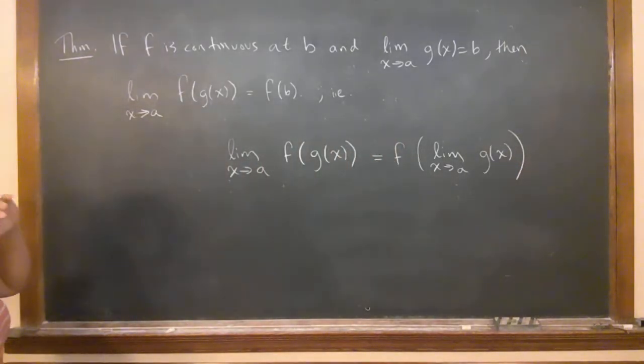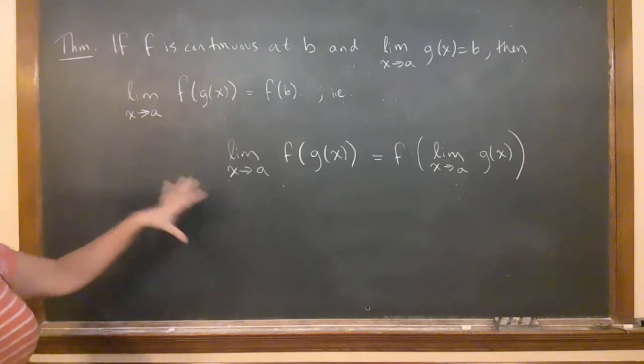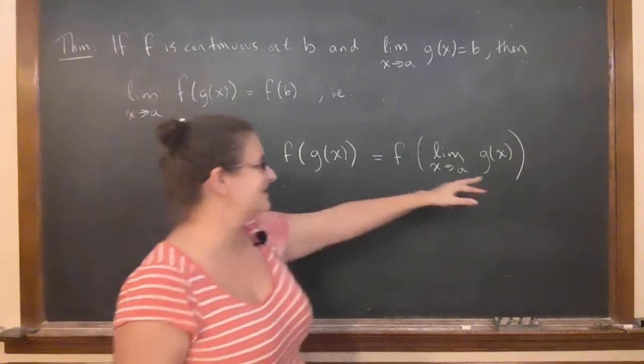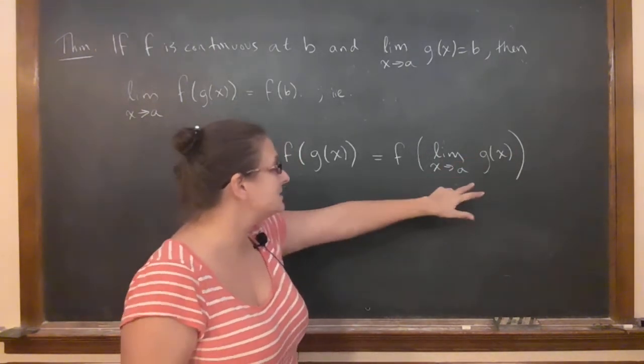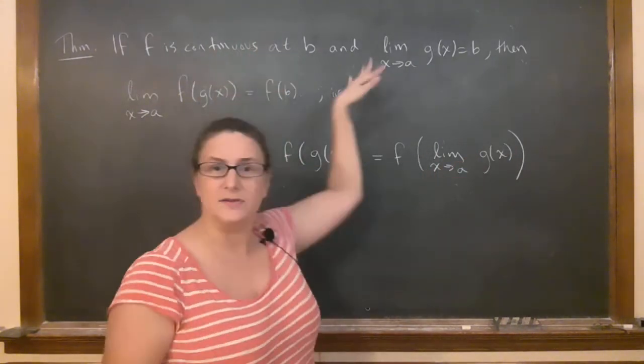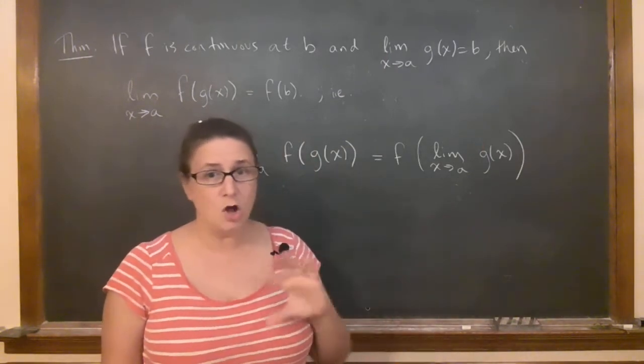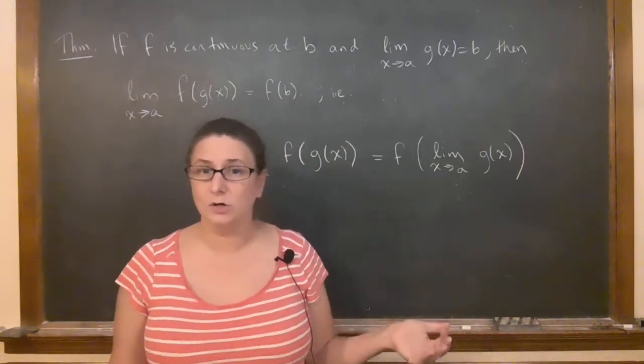You can't do this unless this function is continuous at the point where this limit actually gets you to. That's why they have it stated in this way with the A's and the B's. But the idea is, as long as everything is continuous, you're good to go.